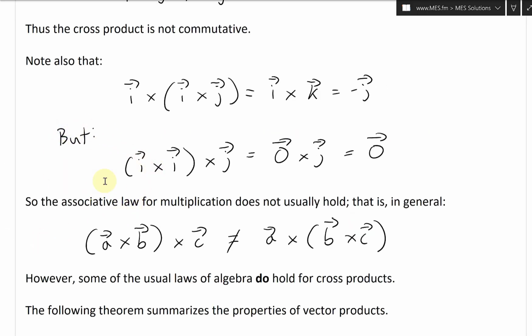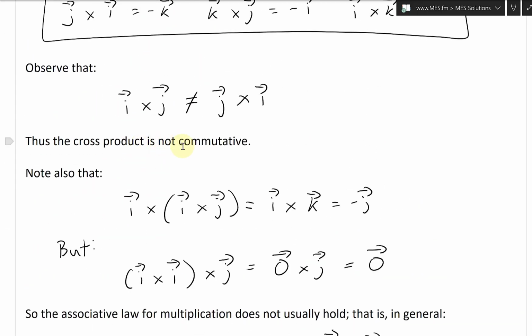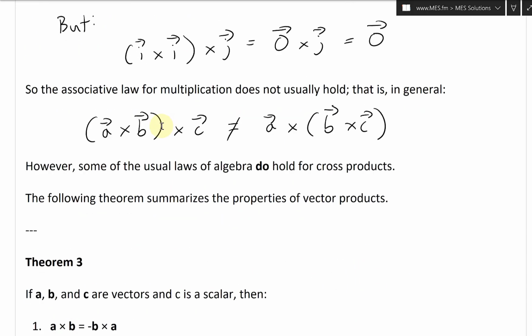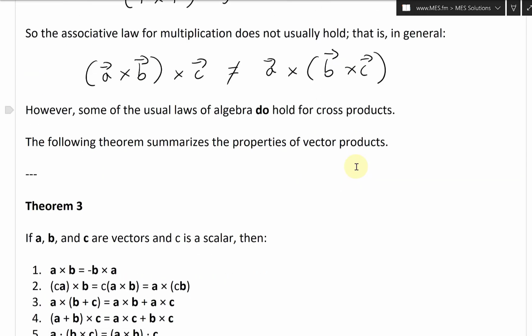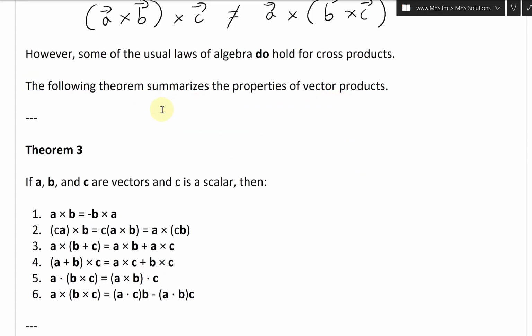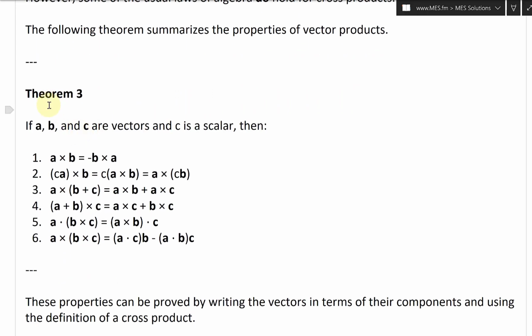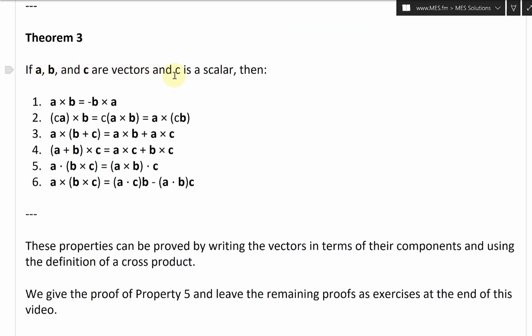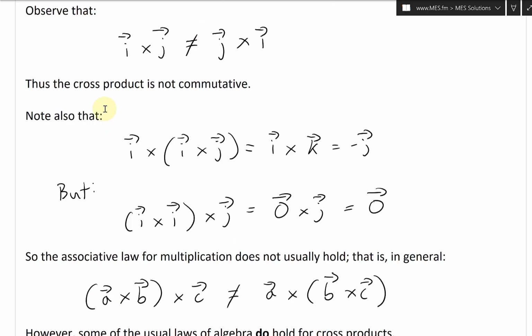Alright, so although these don't match up with typical multiplication laws, some of the usual laws of algebra do hold for cross products, and the following theorem summarizes the properties of vector products. Here is theorem 3. If A, B, and C are vectors and c is a scalar, then A cross B equals negative B cross A. That's property 1, and again, that was similar to this right here.